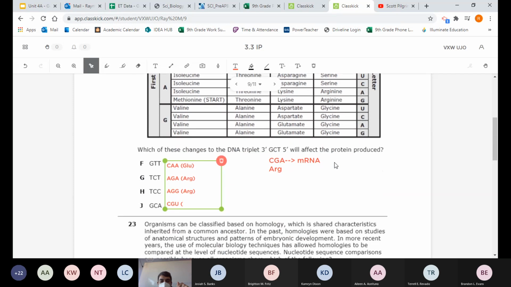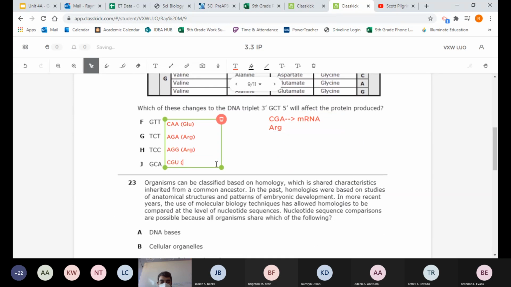CGU, arginine. There you go. So you're comparing this to those. This looks like it's going to be this one, this one, this one, which means that this is your answer because it is coding for a different amino acid. So it's going to affect the protein.